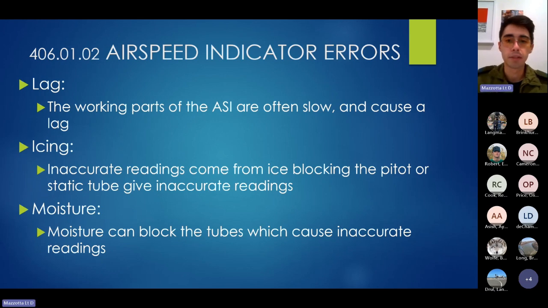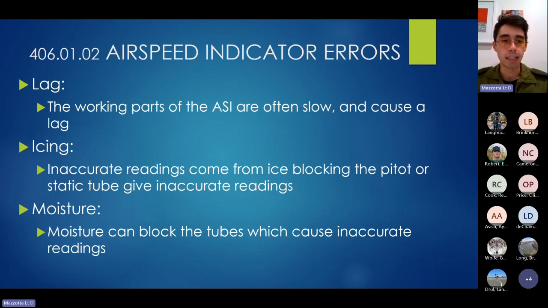Icing: what's going to happen is that ice is going to block the pitot source in some way, so it's going to give you an inaccurate reading. Like I was mentioning earlier, some aircraft are fitted with pitot heat, so that would be a good way to minimize the chances of icing.